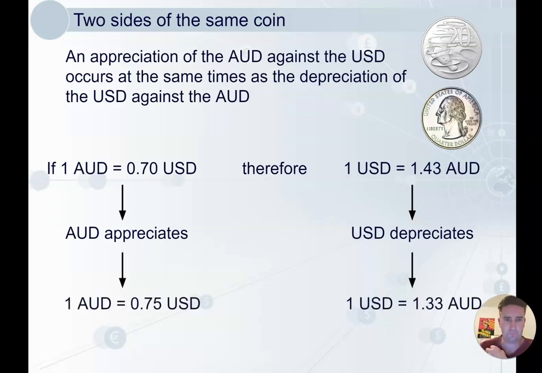So if 1 Australian dollar starts to equal 75 US cents, that's an appreciation, you can see that, then the US dollar must depreciate. So therefore, $1 US now only buys $1.33. Used to buy $1.43. So if one currency appreciates against another, the other one must depreciate against it. It has to work that way.